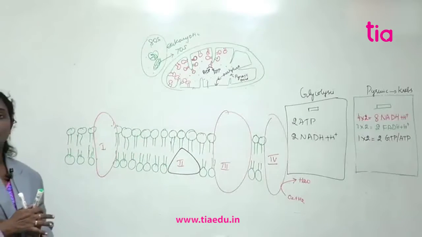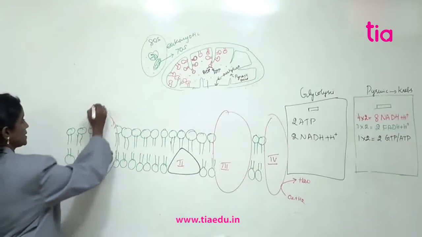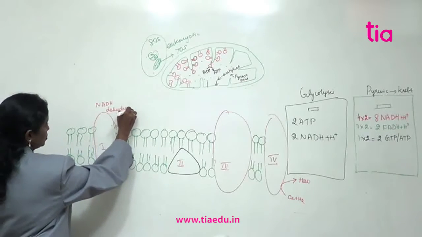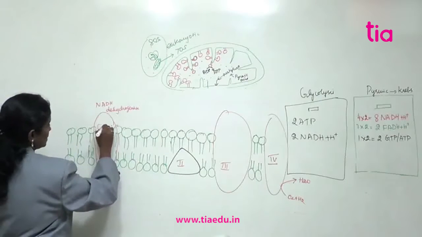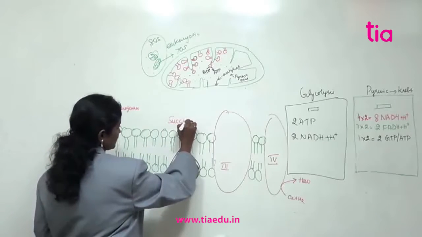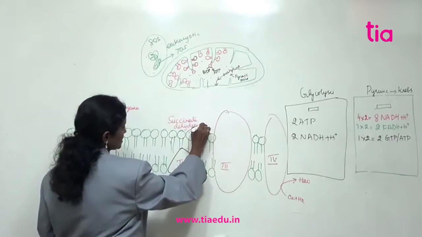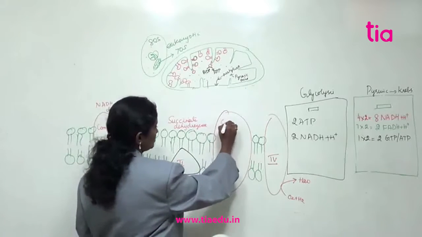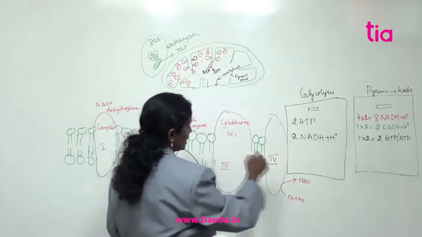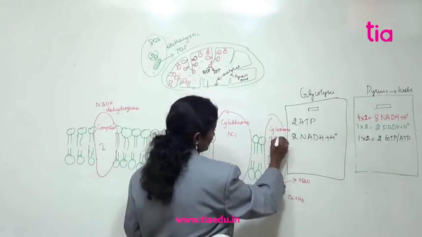Shall we see what happens in the inner membrane of mitochondria? So this complex 1 is NADH dehydrogenase, complex 2 is succinate dehydrogenase, complex 3 is cytochrome BC1, and complex 4 is cytochrome AA3.